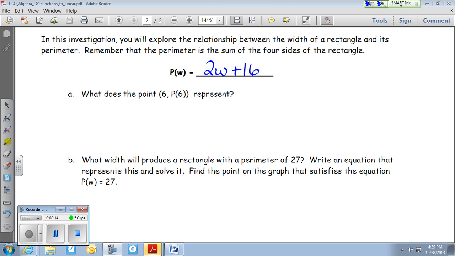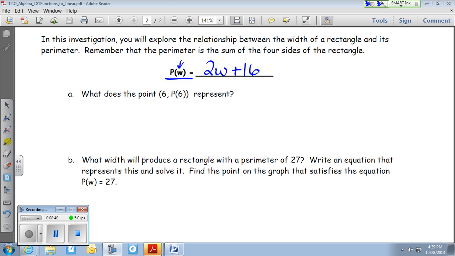So remember W right here is our input, and then this whole thing is the perimeter when W is a certain value. So in letter A, it says, what does the point 6 and perimeter of 6, or P of 6, represent? Go ahead and pause the video and write down what you think, and then bring the video back up.